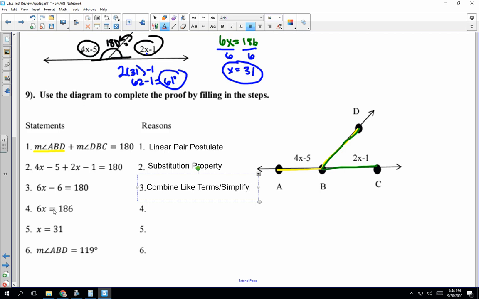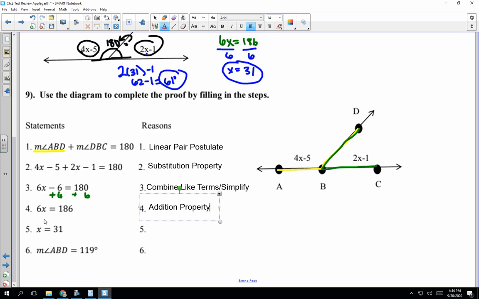Okay, 6x equals 186. What happened between here and here? Something happened to this minus 6. Oh, well, we added 6 to both sides. And what is it called when we add something to both sides? Well, that is the addition property of equality.